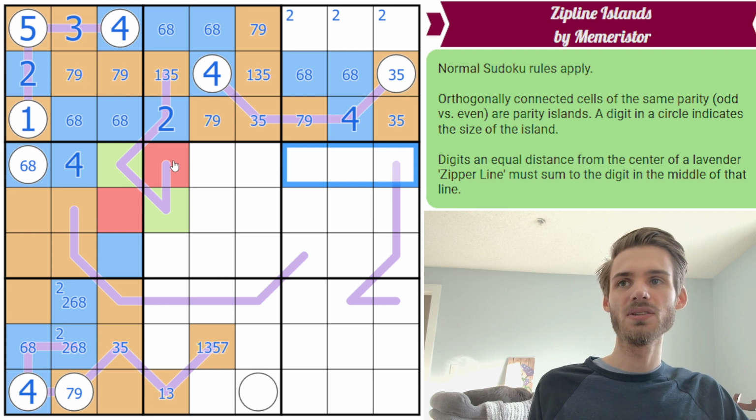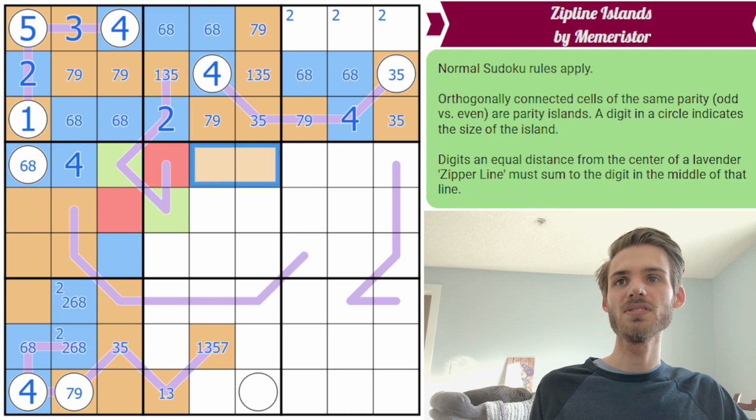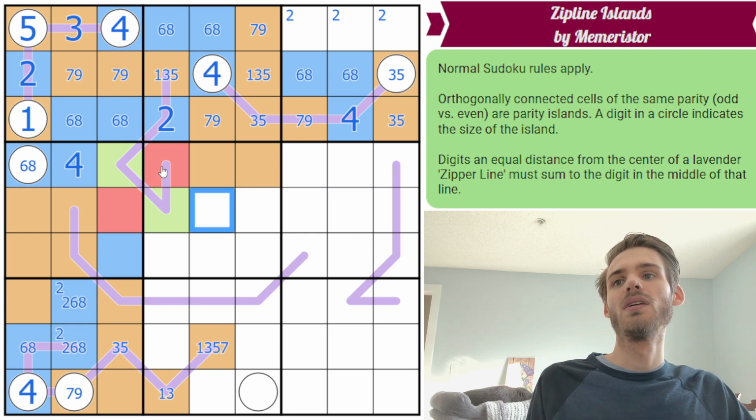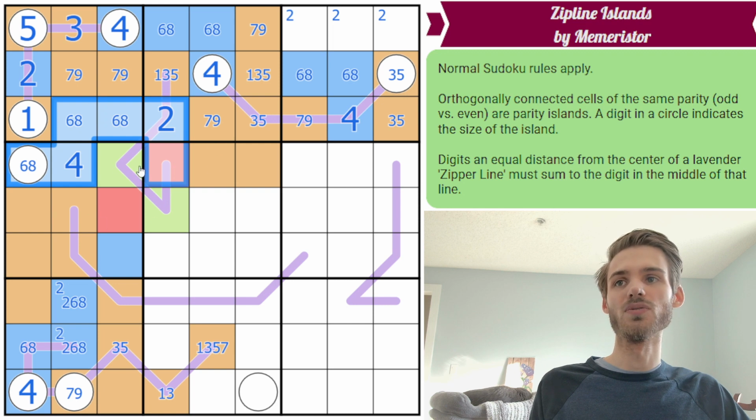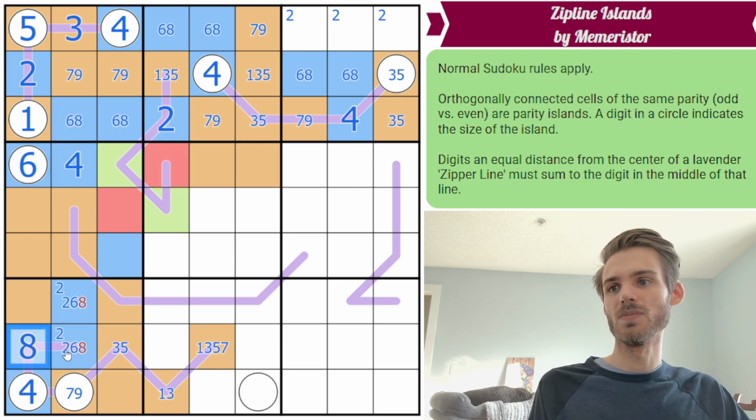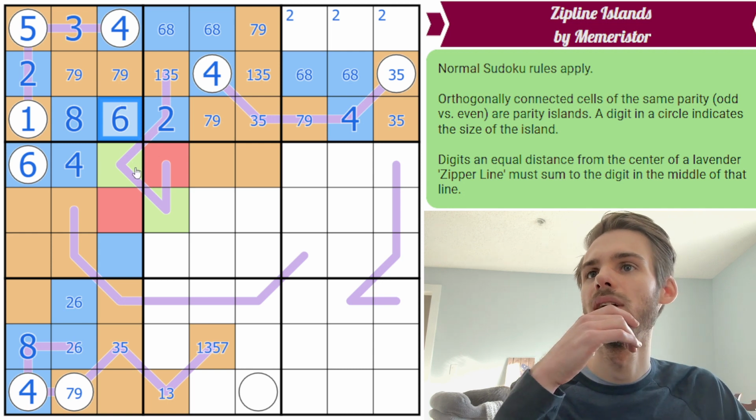This even digit combined with an even digit in one of these two means that these two are odd. So then we can clearly see now that this is at most a 6. One of these two will be even and the other ones will be odd. So this is a 6. Means this is an 8. These are not 8s. This is an 8. That's a 6.